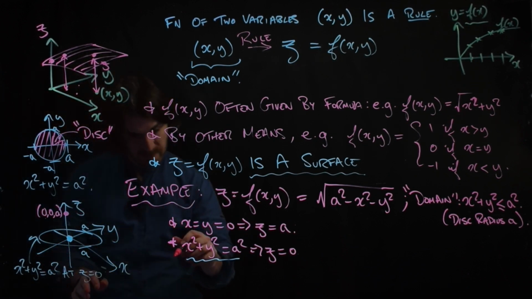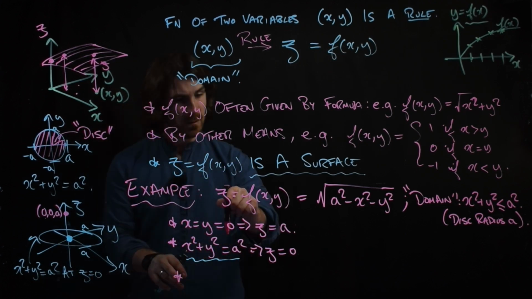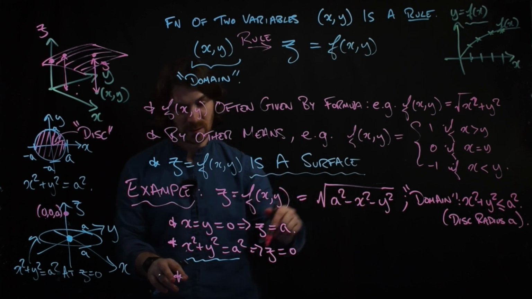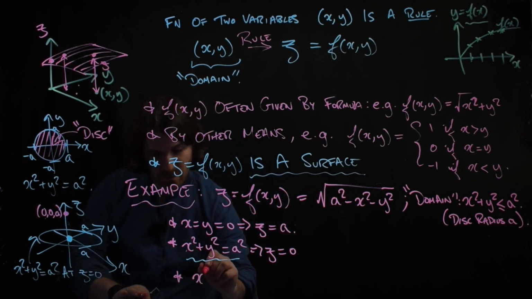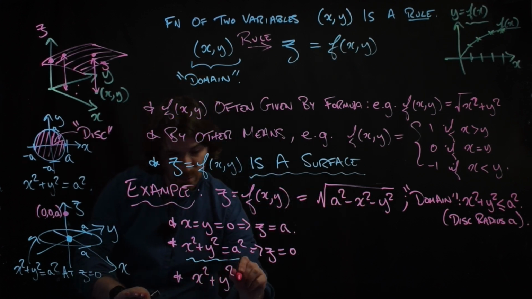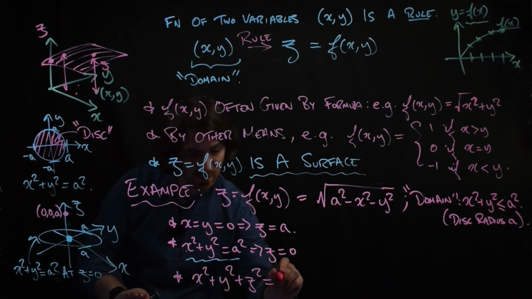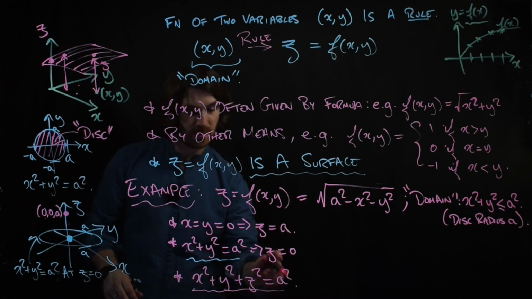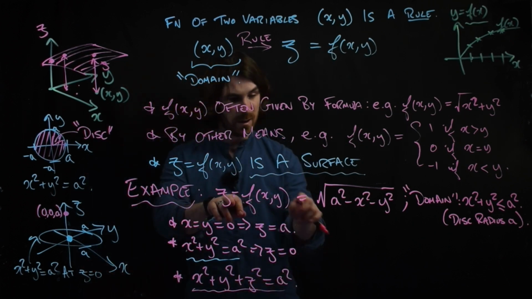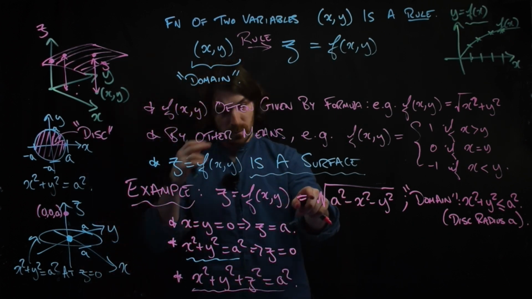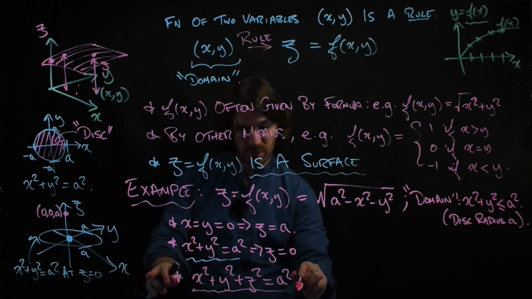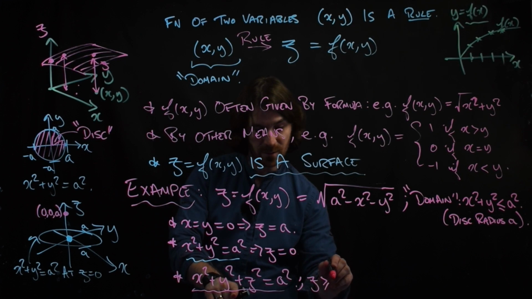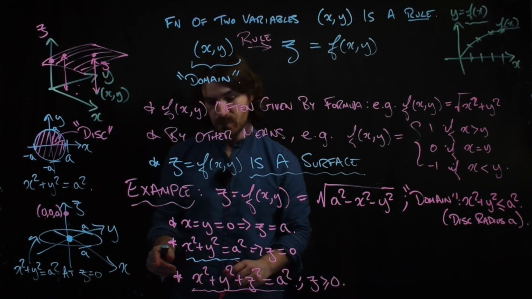Okay, and we can fill things in a little bit if we see that z squared equals a squared minus x squared minus y squared. So that means that x squared plus y squared plus z squared equals a squared. Okay, is our equation recast, but here z is positive. Okay, so we're only keeping z greater than or equal to 0 here.